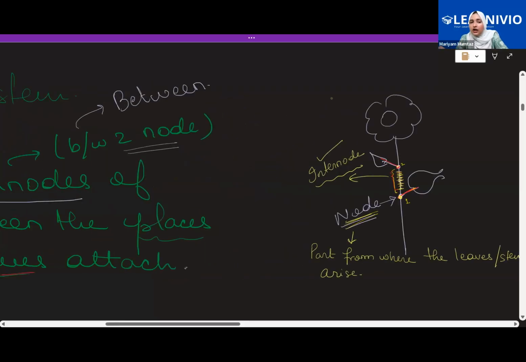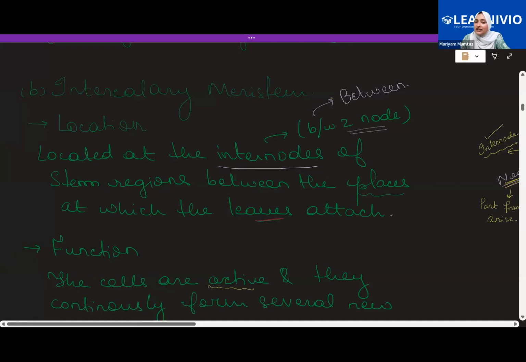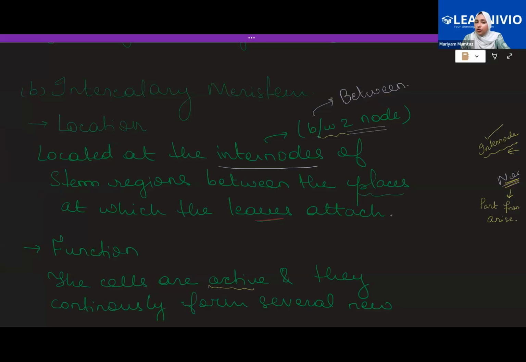So when we talk about the intercalary meristem, it is located at the internode, meaning it is located between the two nodes of the stem. And what is a node? Node is that region or that point on the stem from where the leaves grow or from where the leaves are attached.